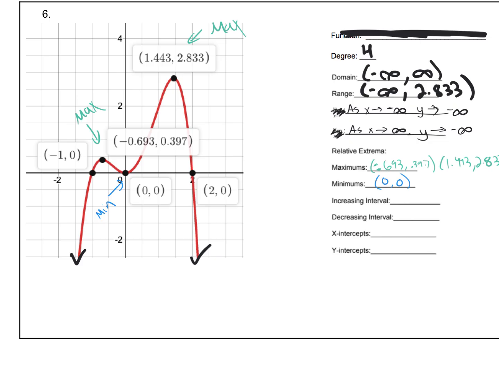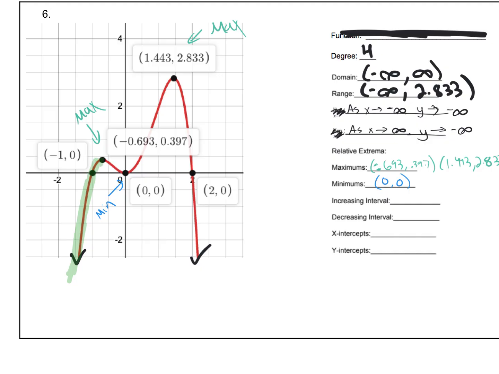Look at our intervals this time. Since we already have a total of 3 turns, what's going to happen is we're going to have a total of 2 increasing intervals and 1 decreasing interval. So I'm going to go ahead and try to highlight them first. If we're working from left to right, the first section, we're going up or increasing. So here we have a section that's going to increase until we get to our first turn.